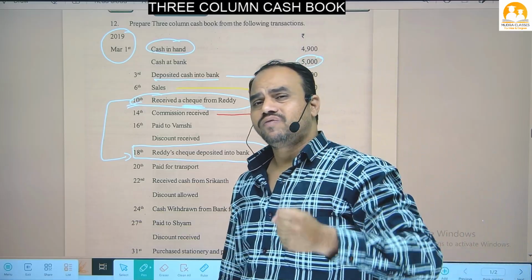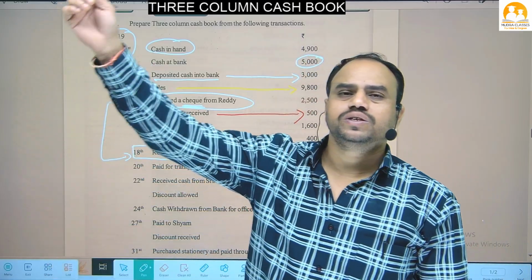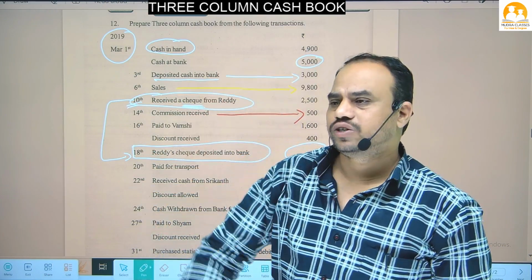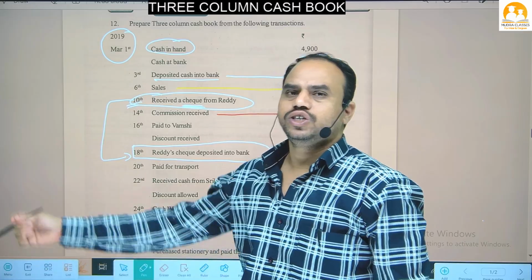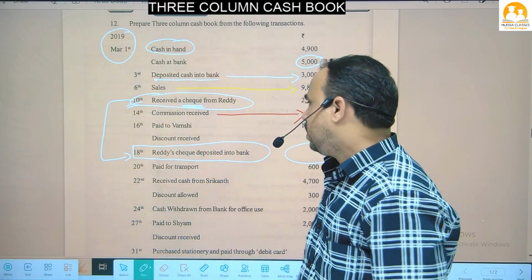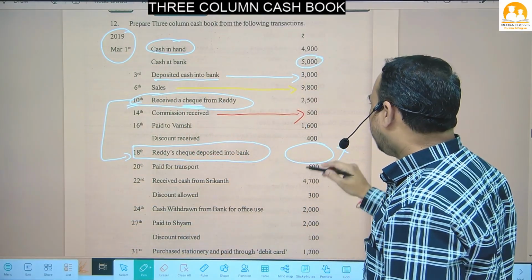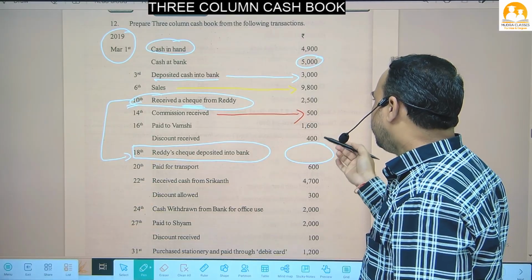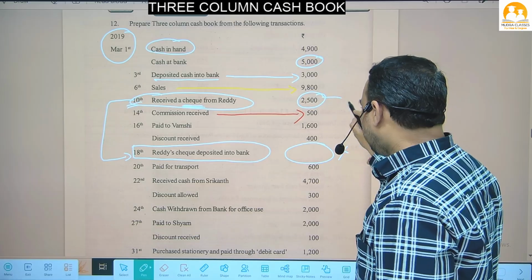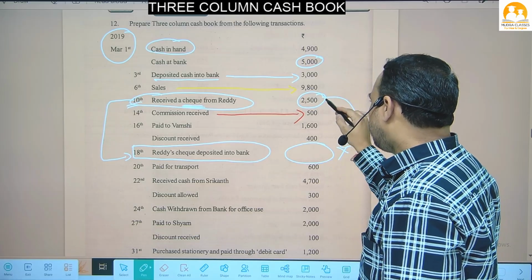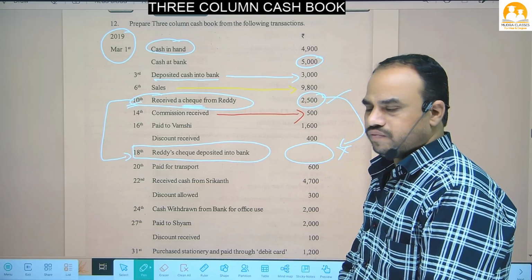Check received on one day and the check deposited into the bank on another day. Here the amount is not given, no need to worry. The same 2500 check only we deposited here. That's why we have to consider these 2500.